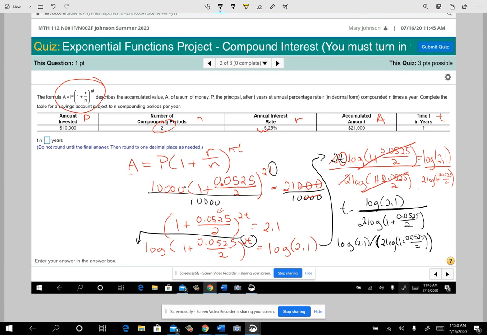So both the 2 and the log of all of that are being divided into the 2.1. So half the battle is you entering it. So right now you should pause the video and try it, and then come back and see if you get the same thing and see if you get what you're supposed to.